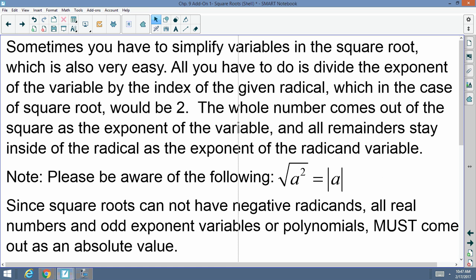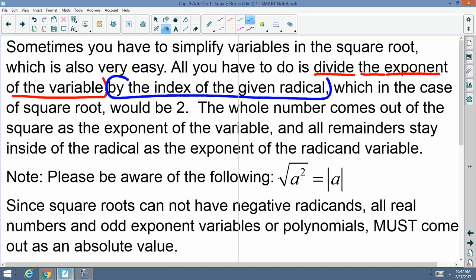All you have to do is divide the exponent of the variable. So you're going to have some sort of variable in a radical. You're going to find the exponent of that variable, and you're going to divide it by the index of the given radical, which in the case of a square root would be 2.